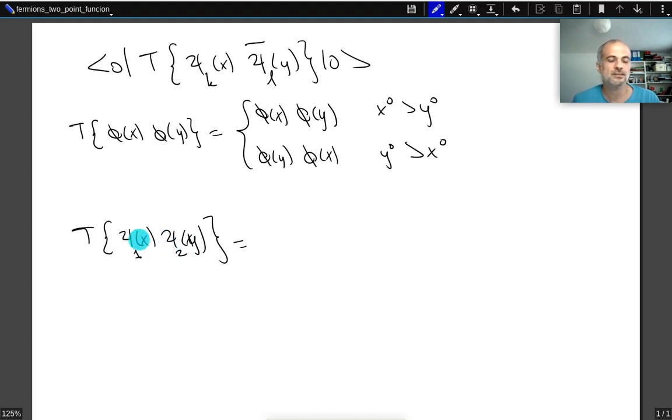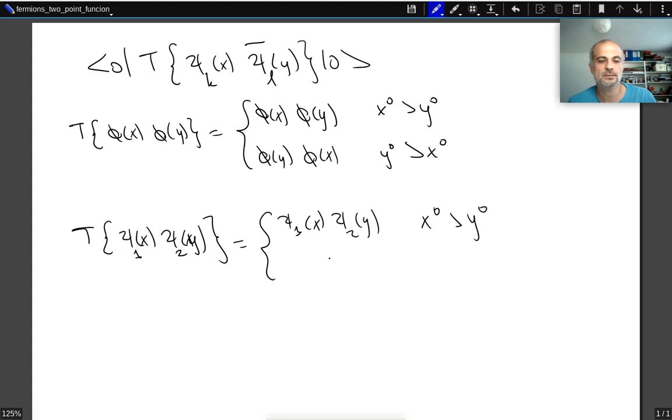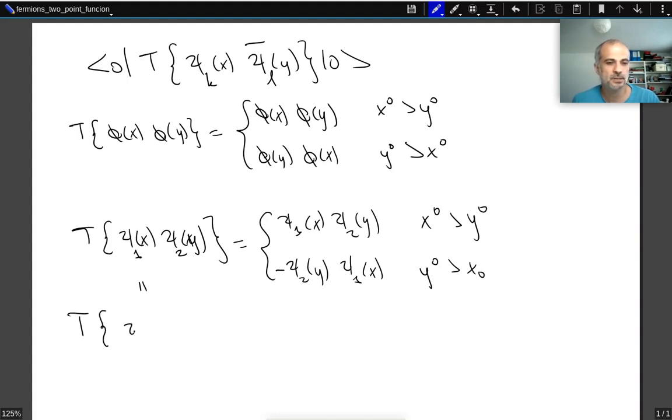That basically tells us that whenever we change the position of the operators, we get a minus sign. So this is equal to psi1 of x, psi2 of y, if x0 is later than y0, and it is minus psi2 of y, psi1 of x, if y0 is later than x0. Hence, even within the time ordering, if you change the position of fermionic fields, you introduce a minus sign.